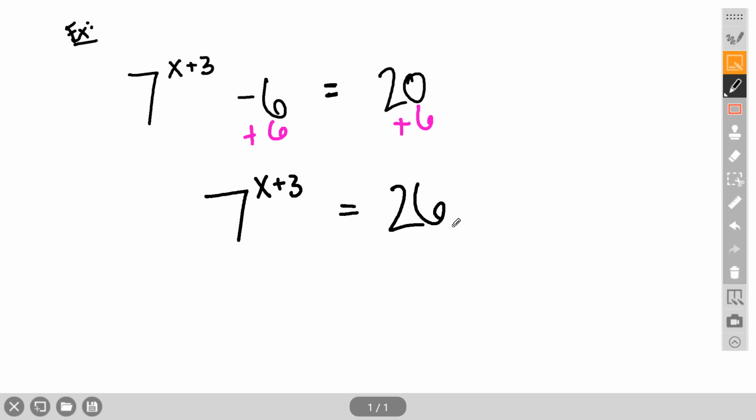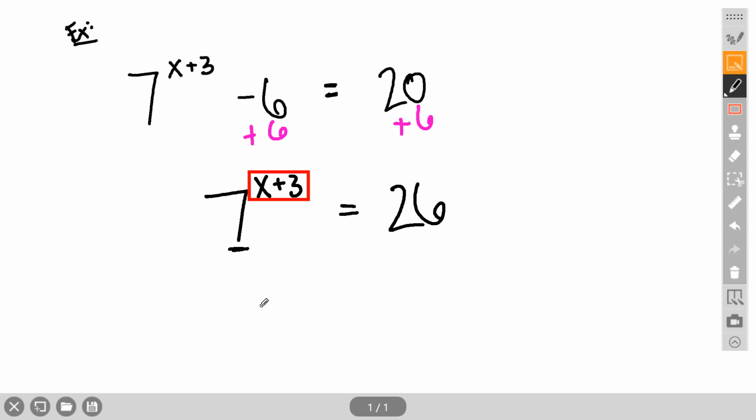All right, so what do we want to do now? We're so close, because what we want is this, and the only thing over here in the way is this 7. So what are we going to do now?